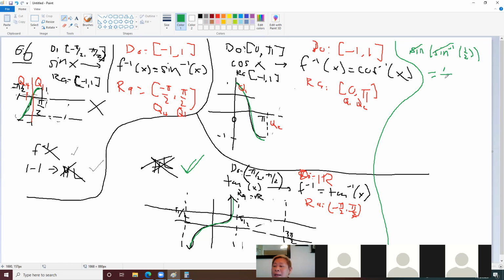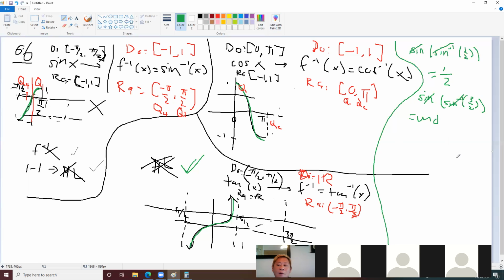Your answer in this case will be 1/2. However, if you have 3/2, and yes, these 2 will cancel out, your answer here will be undefined.